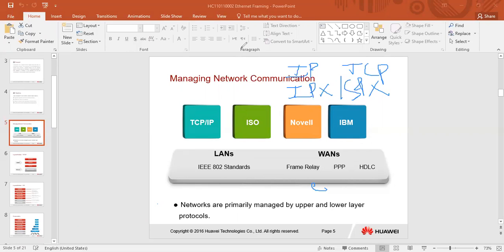This is also a model similar to the TCP/IP or OSI model; it is also a reference model. The last model is IBM. IBM also introduced a reference model. This model is also a local area network model, and the protocol used in IBM is called SNA.